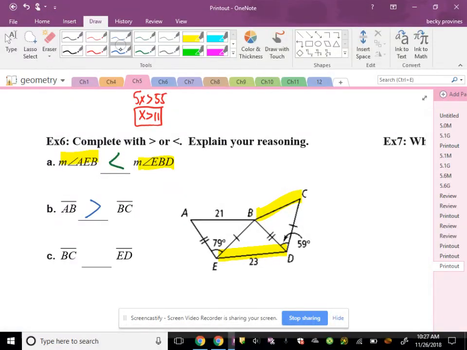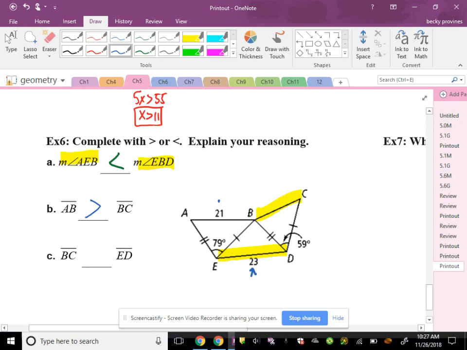Okay, now this one is always a tricky one, because you have to go back and remember old stuff. And of course, I don't do that well in my old age. All right, so we found out that this one is larger than this one, and we found that AB is bigger than ED.